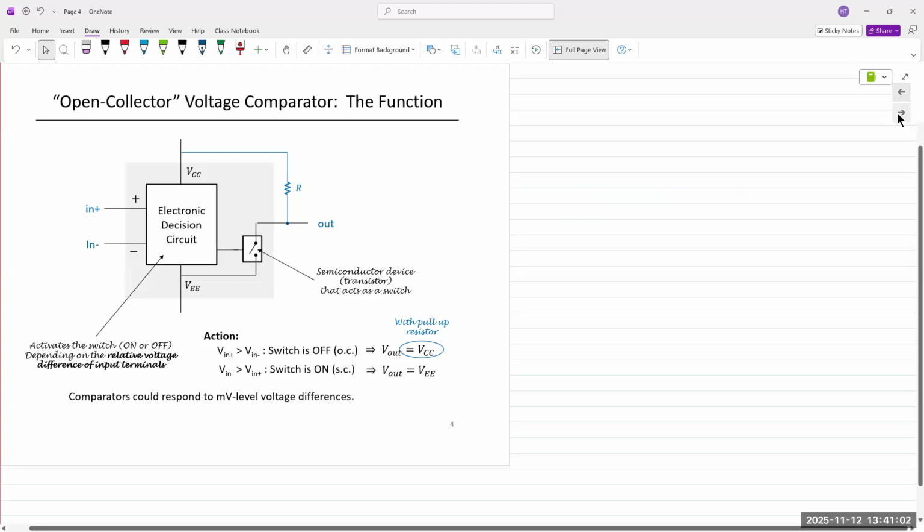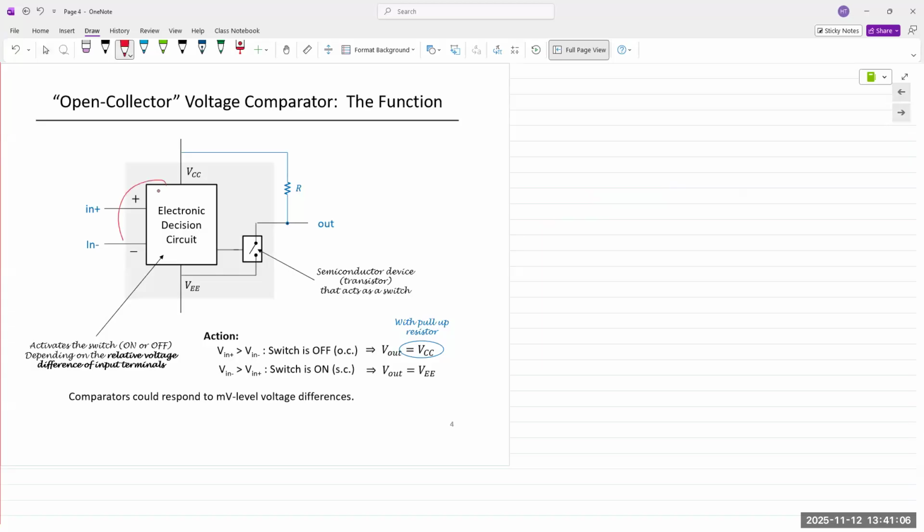Open collector voltage comparator. You have a circuit that makes decisions, and that circuit's output is fed into a semiconductor device like a transistor. This transistor could be a BJT or an FET. The open collector actually comes from the BJT configuration, because the BJT terminals are collector, emitter, and base.